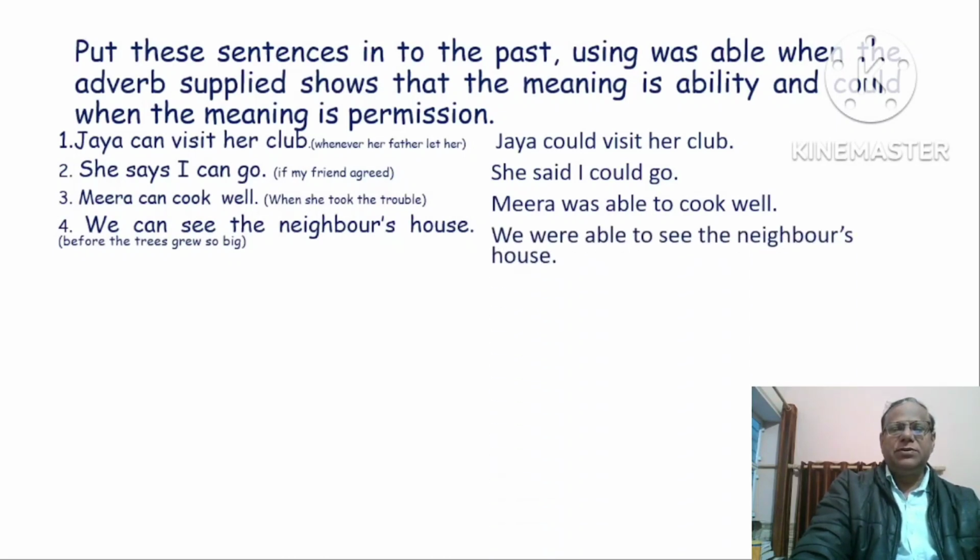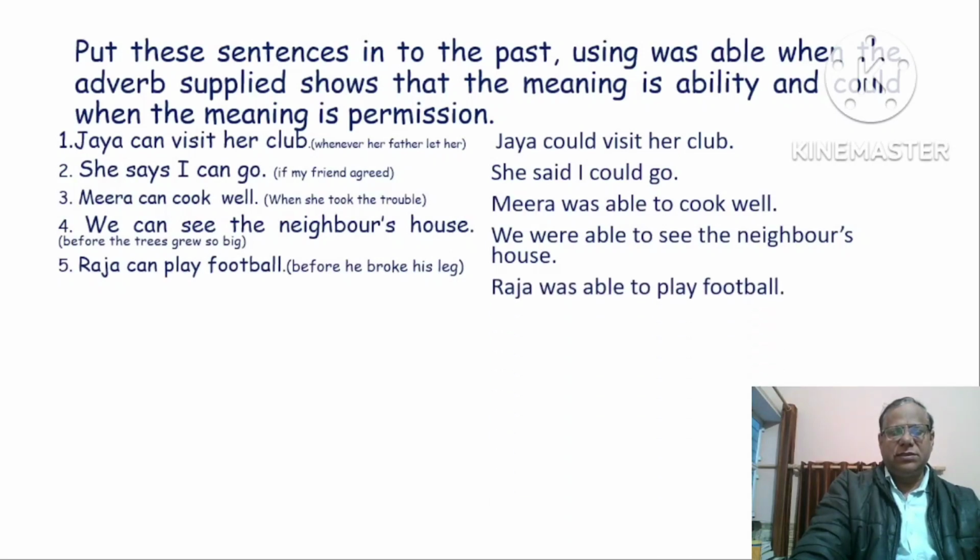We were able to see the neighbor's house. Raja can play football before he broke his leg. It shows the ability. It means it will be supplied with was or were. So here is the answer. Raja was able to play football.